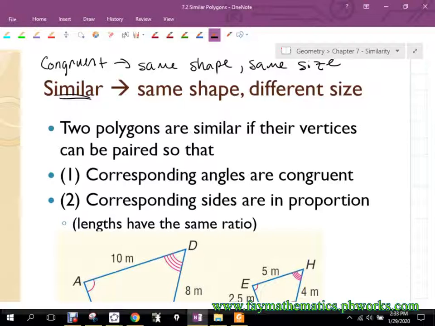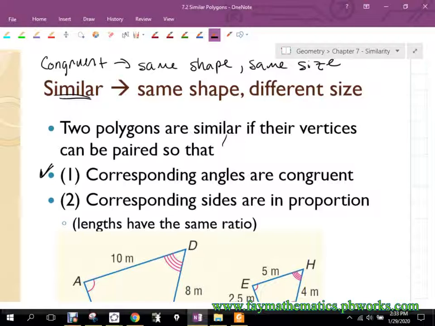And when we look at this definition of saying same shape, different size, the fact that they're the same shape means that condition number 1 down here has to be met. When you have two shapes that are the same shape, we are arguing that the corresponding or matching angles are congruent, kind of like I just showed you by overlapping those two images.